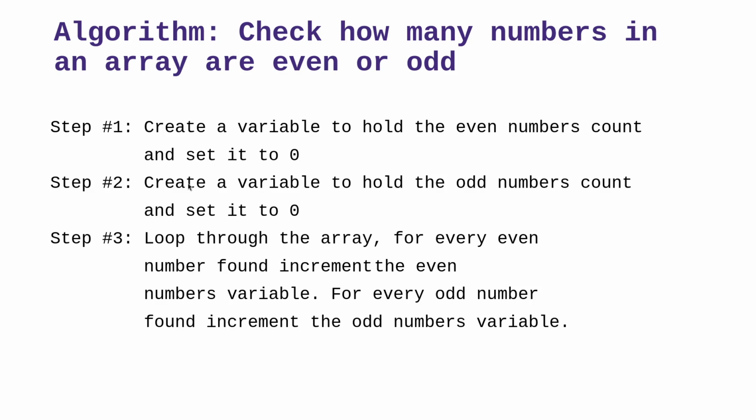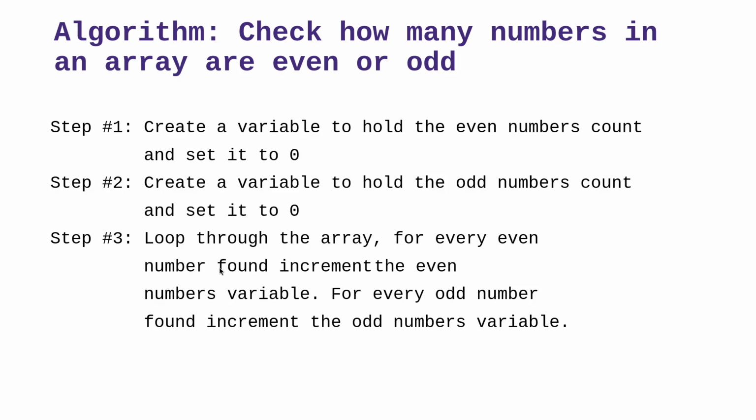Okay, well, we obviously need to follow a few steps, and they're quite straightforward. We create a variable to hold the even numbers count, and we create another variable to hold the odd numbers count, and then we simply loop through the array, and for every number we need to check to see if it's even or odd.